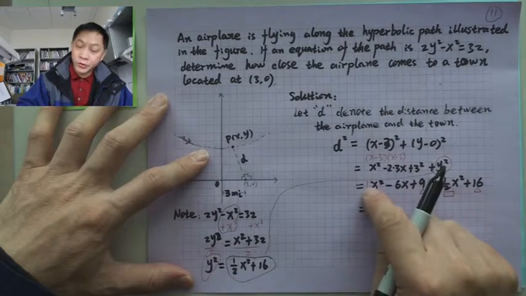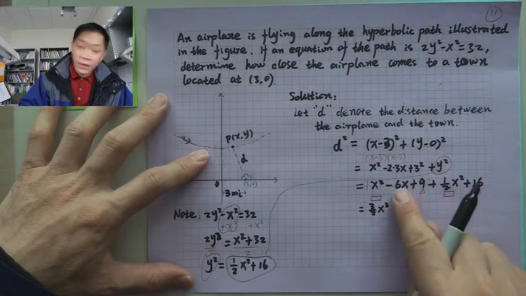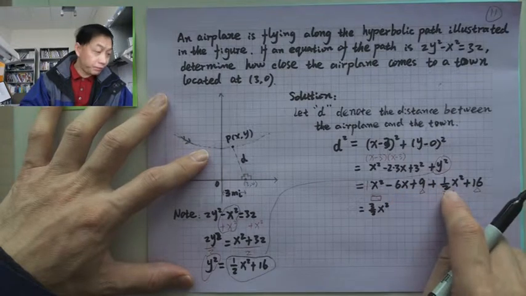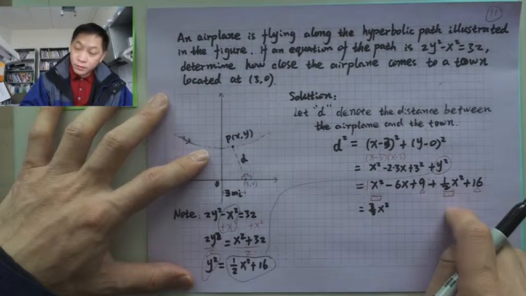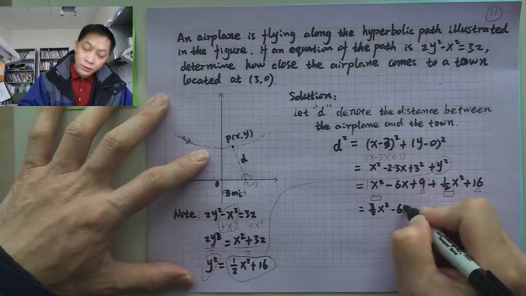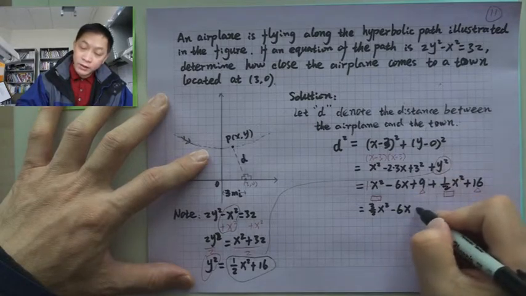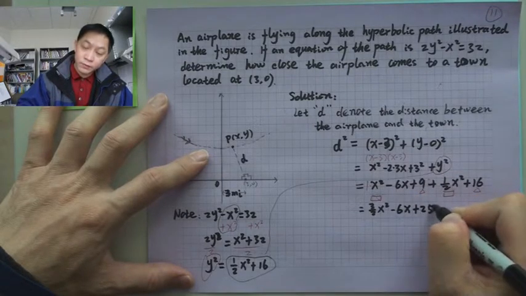Then the negative 6x, you copy it. Combine 9 with 16, and you have 25.